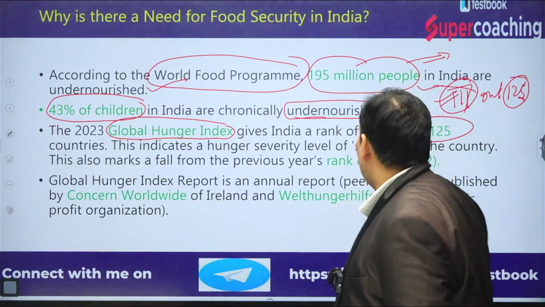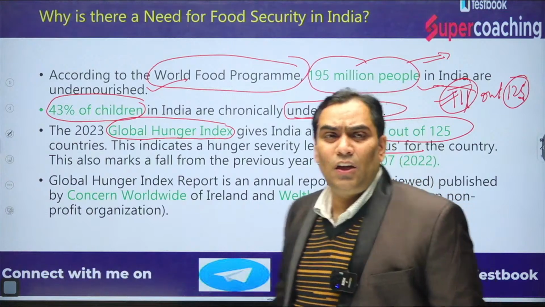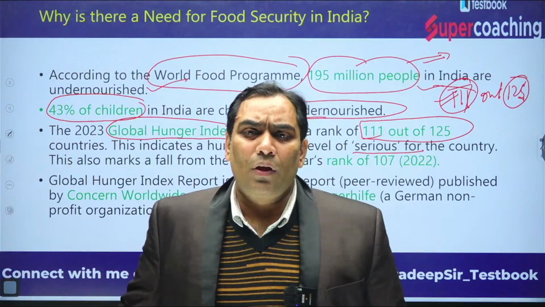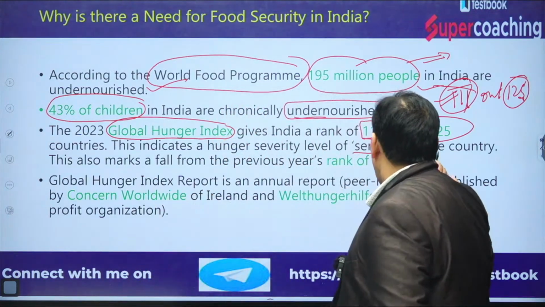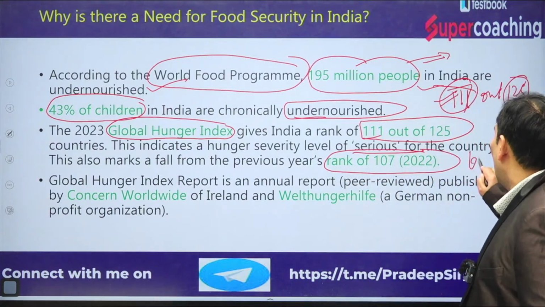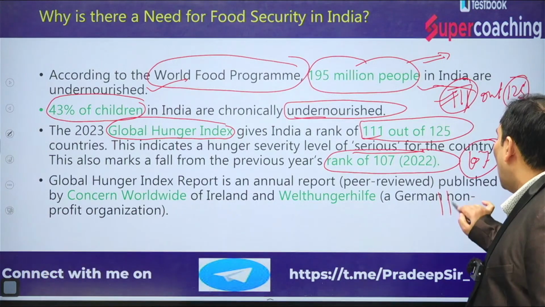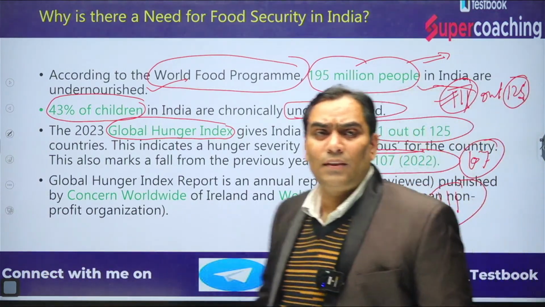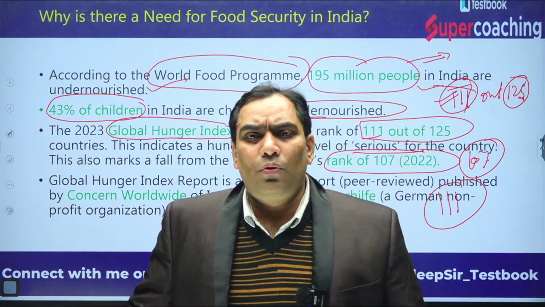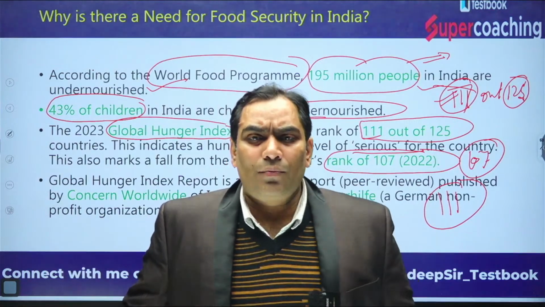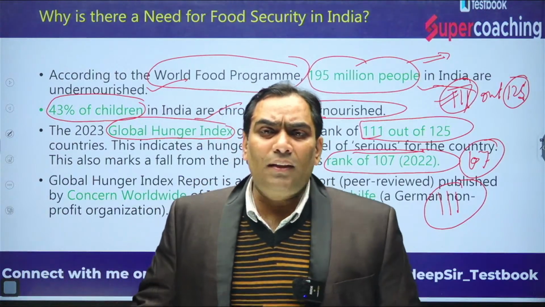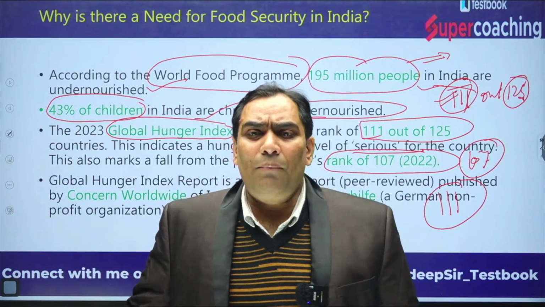It shows that there are serious issues in context to hunger in India, and our rank has degraded. In 2022 it was 107. So we have degraded our rank by four places. That means the problem of hunger has increased from 2022 to 2023 as per the Global Hunger Index report.